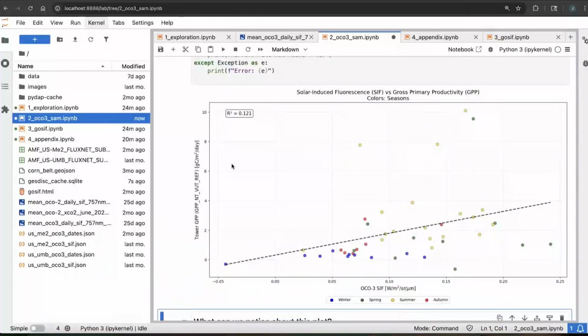Our R-squared value is significantly worse than the Michigan site at just 0.121. In the absence of additional context, this might suggest that these variables are almost uncorrelated. But as we observed in the time series, there's still a seasonal pattern to SIF. It just diverges from the GPP data due to the effects of the fire.